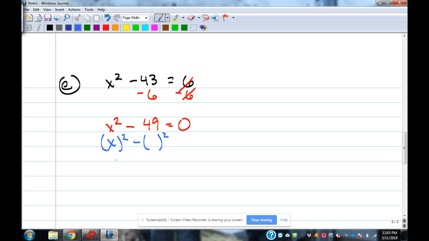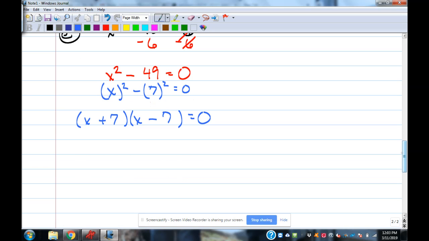What squared gets me 49? 7. So my factors are, we can rewrite it like that. That means it factors as x plus 7, x minus 7. Difference of squares. So all of the factoring that we've done is still in play here. So what do we do with each of those factors? Set them equal to 0.